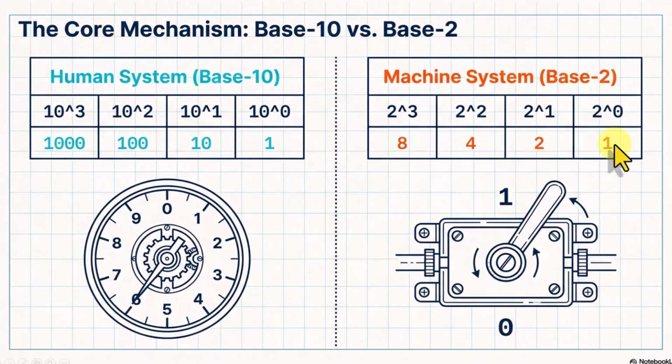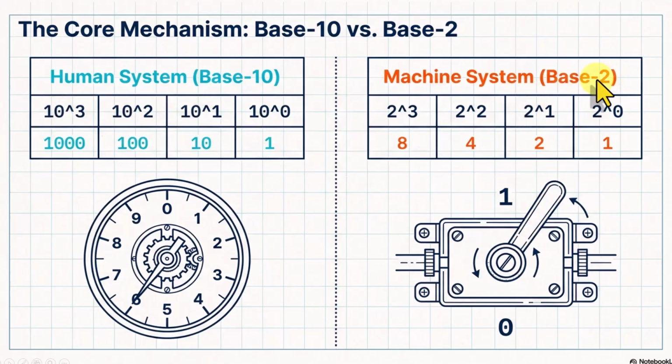The core mechanism in base 10, or denary: the place value of the first digit is 1, then 10, then 100, then 1000, which is 10 to the power of 0, 10 to the power of 1, 10 to the power of 2, and 10 to the power of 3. So we have 10 as the base here.